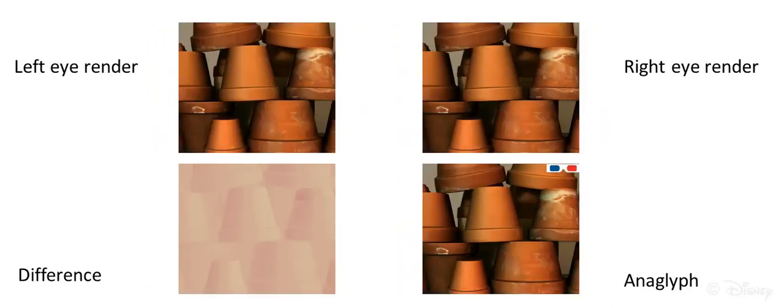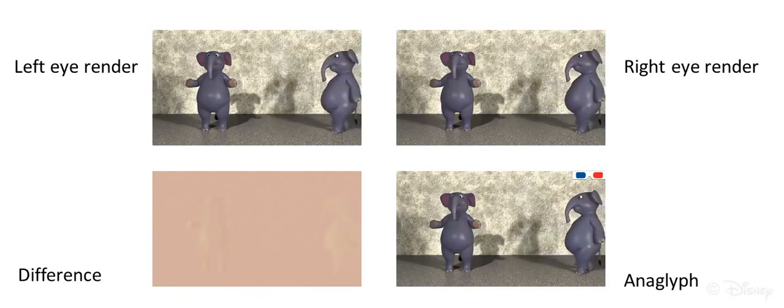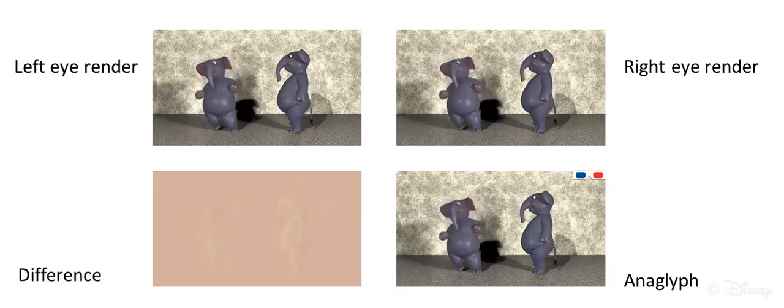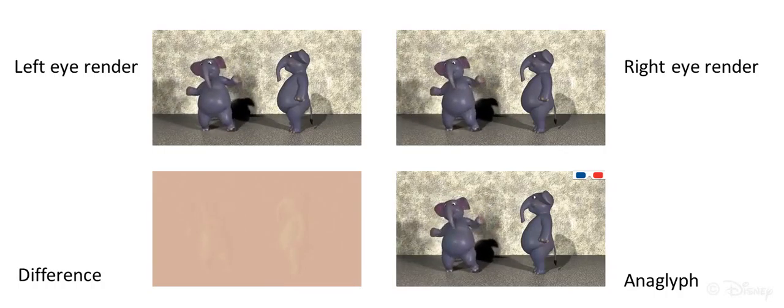Relighting live-action scenes to augment them with shading stereo is also possible. See the paper for more information. Shading stereo is also directly applicable to videos. These elephants are illuminated by multiple lights.